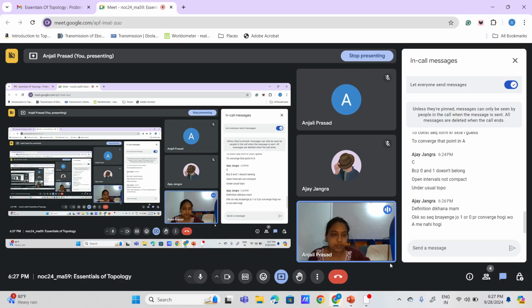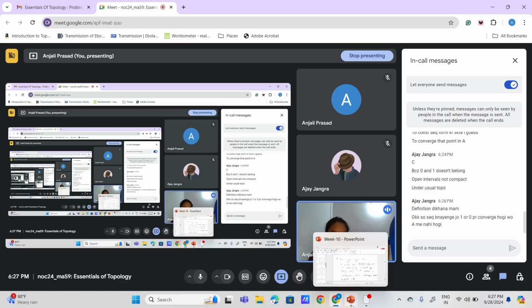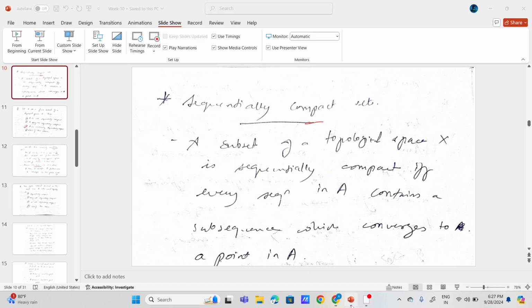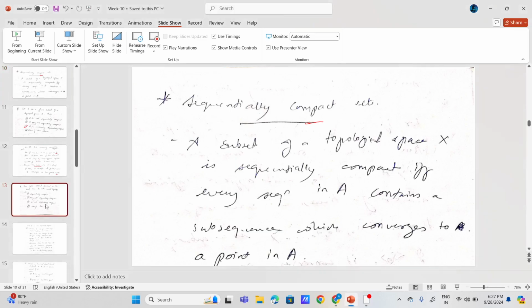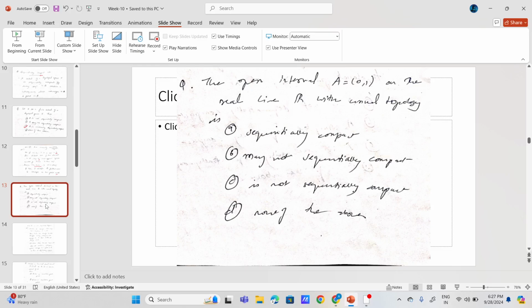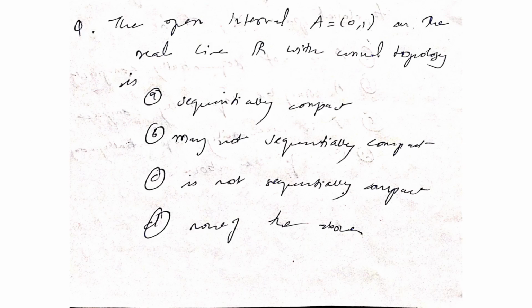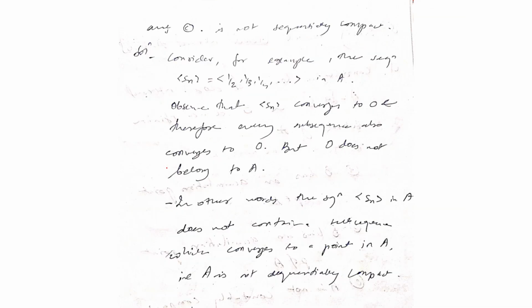So that means it won't be sequentially compact, right? Yes. So by that argument, we can say that it is not sequentially compact. So the correct answer is this; now how can we prove it?